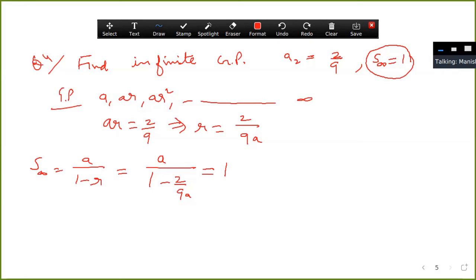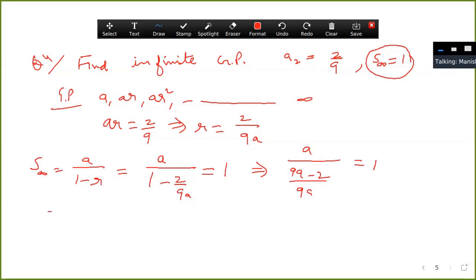What you will get? Take LCM. a upon 9a is the LCM. 9a minus 2 is equal to 1. Cross multiplication takes place after solving this.